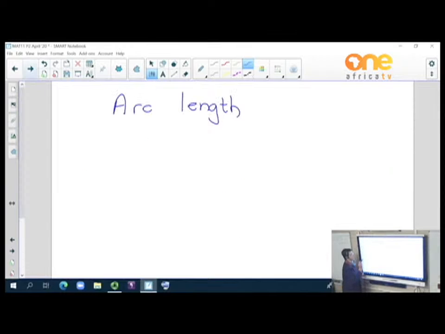Okay, so the arc length, what we do, so you have this part looking like this. And what we want to calculate is that arc length. That's the arc. Now, this is called the angle theta. It's still the angle. And we work with that. We use that angle to calculate it. So the formula is theta.